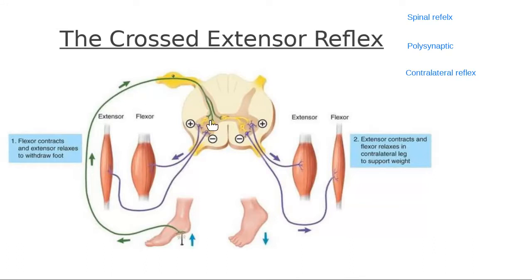We have motor information going out both sides of our spinal cord here. So spinal reflex, because I see the spinal cord. Polysynaptic, because there's more than one place that neurons talk to each other. And contralateral, because we send directions out the two sides.